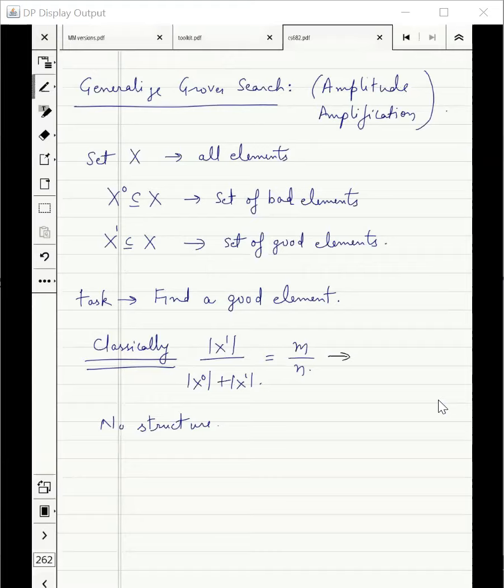This is the probability of getting a good element. And assume m to be very small, then this is not constant, right? If I want to repeat the step multiple times, such that my probability of success becomes constant, how many times should I repeat this procedure?